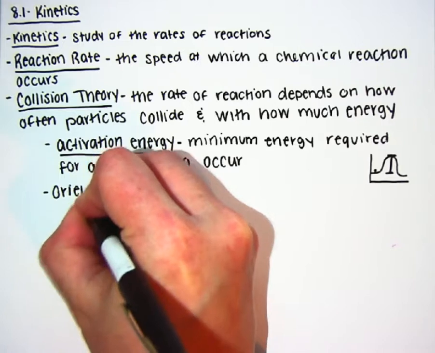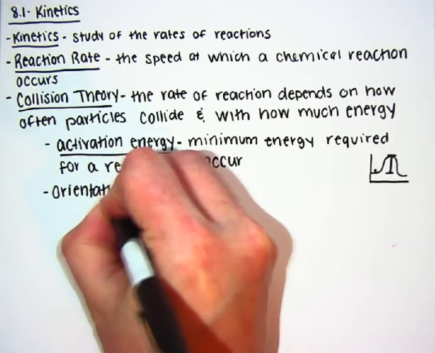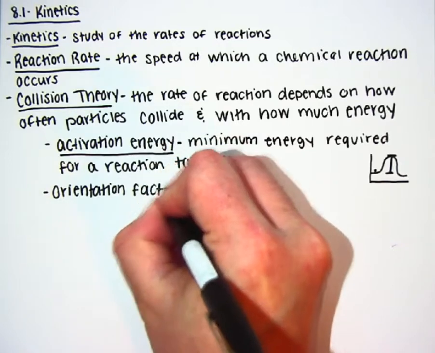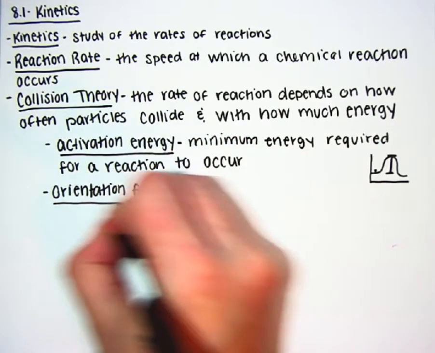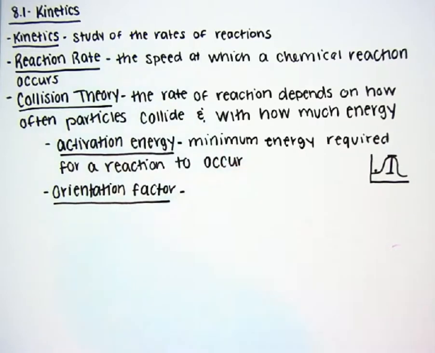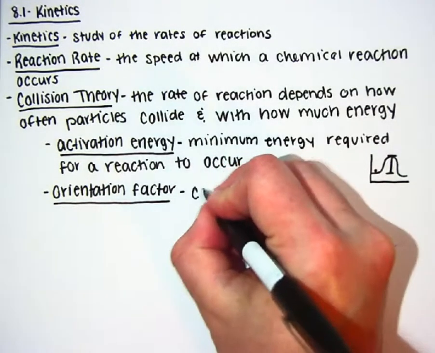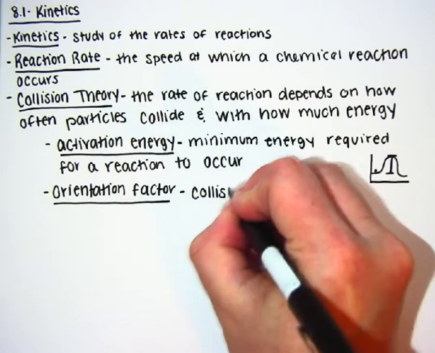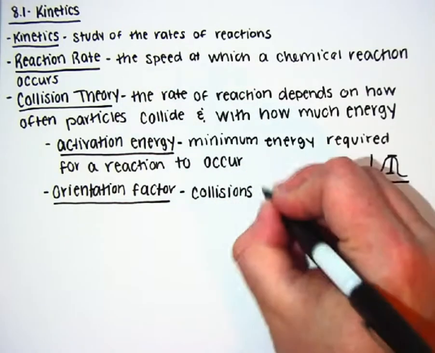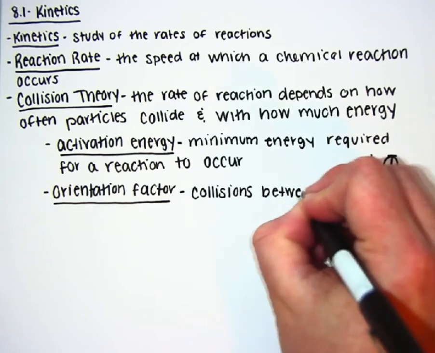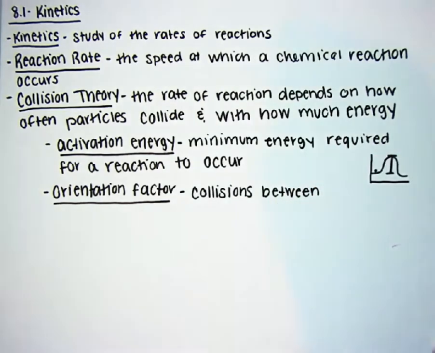The second part of collision theory is called the orientation factor. Particles have to be oriented in the correct position. Collisions don't always end up in a chemical reaction.